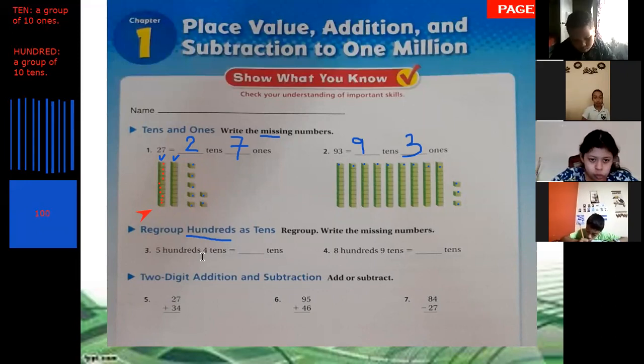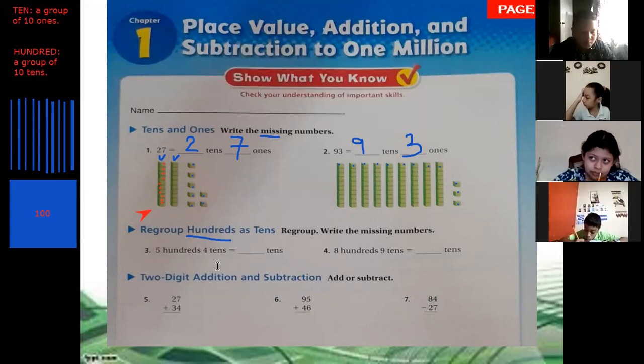500 as tens. We have to write this as tens. If in 100 there are 10 tens, how many tens are in 500, class? Jose Enrique?